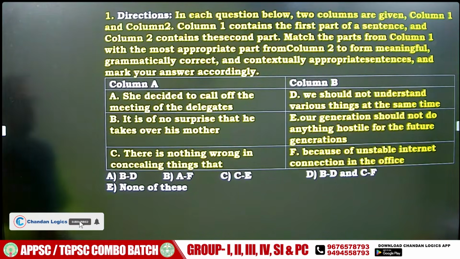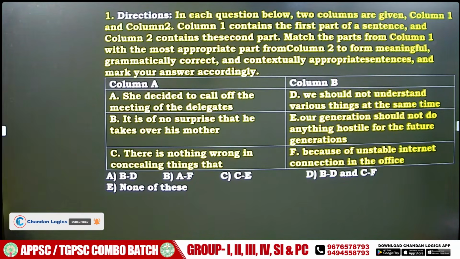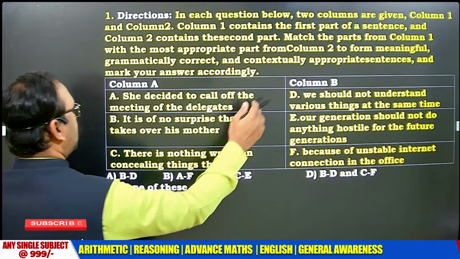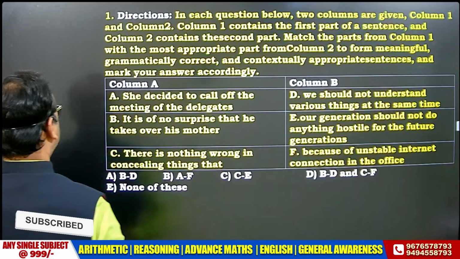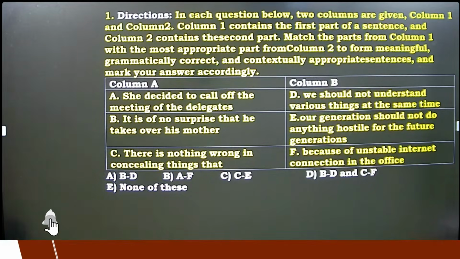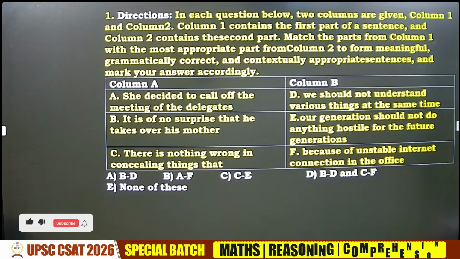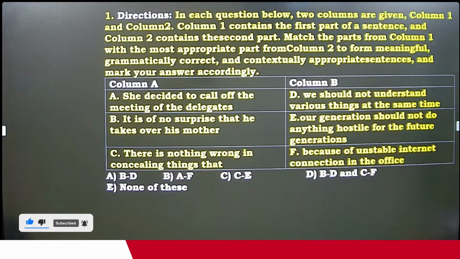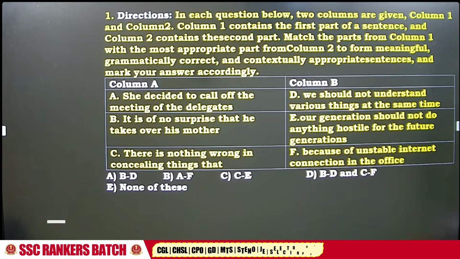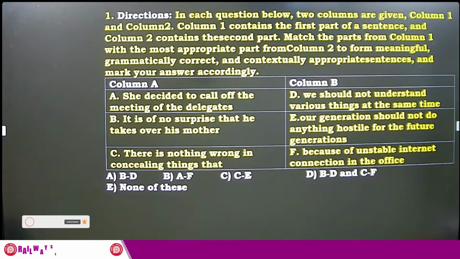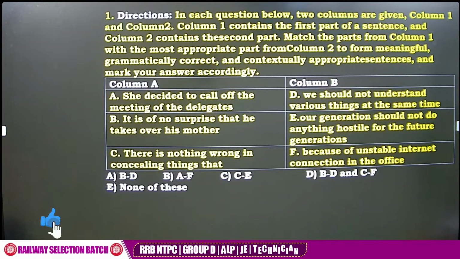So this section is what we call column based matching. Two columns are given, A, B, C here, D, E, F here. You need to match them. Not only the grammar, but also the meaning should work. I'm waiting for your answer as fast as possible. Your speed matters.